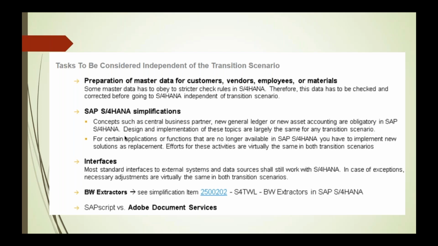See, your transaction data and your master data. Yeah, that's a different thing, to move from ECC to HANA. That comes as a part of this readiness check. Okay, readiness check. Okay.